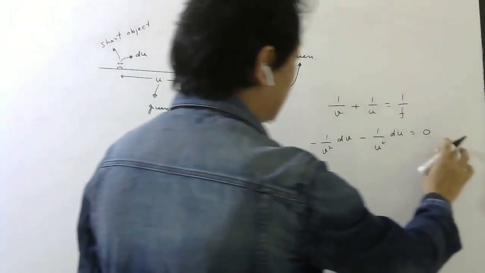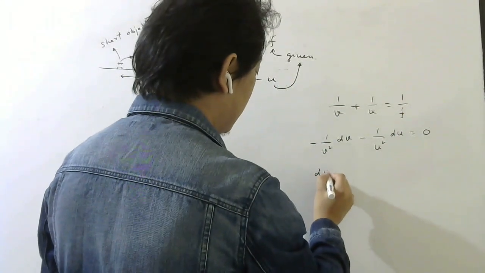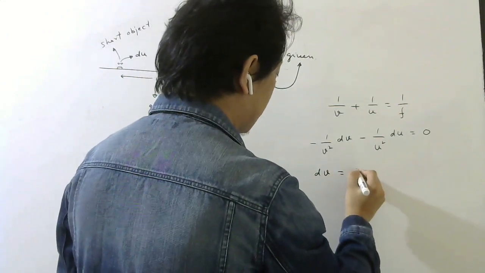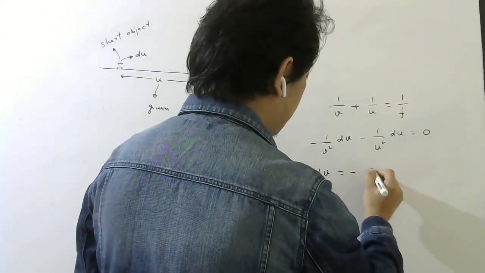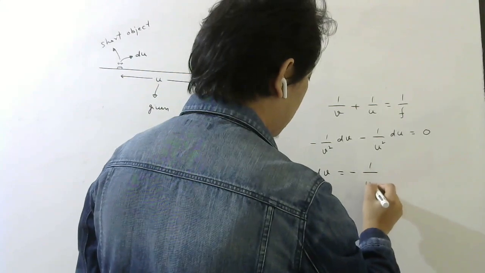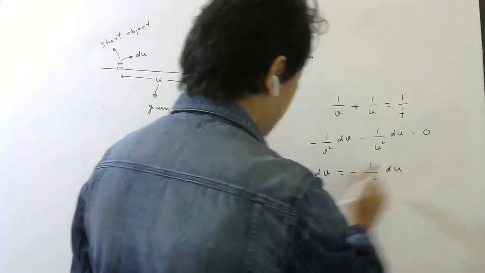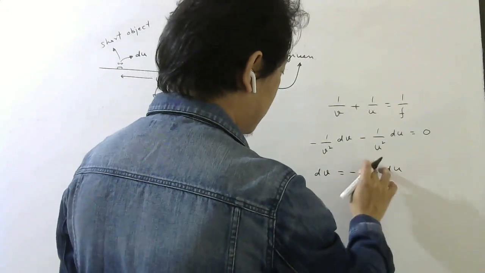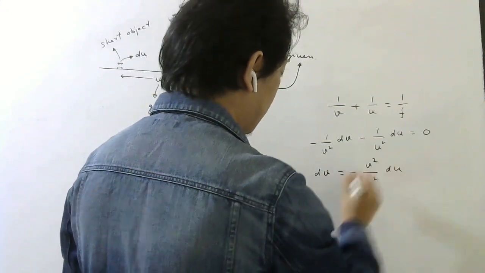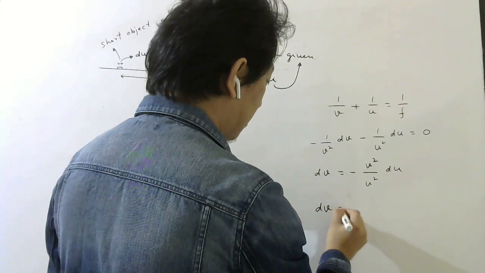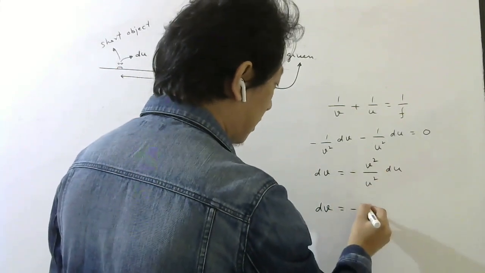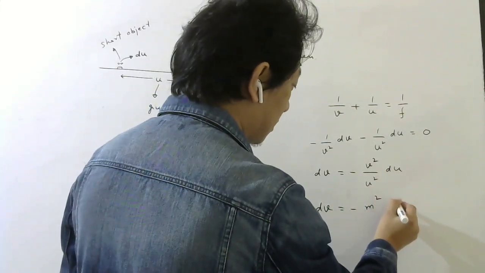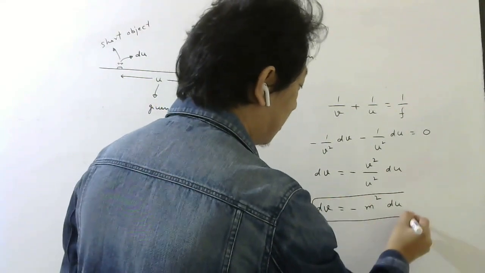Then if you take this side, you will get dv equals to minus v square by u square du. And dv will be, this v by u, I can write m, no? So this was the formula which I derived.